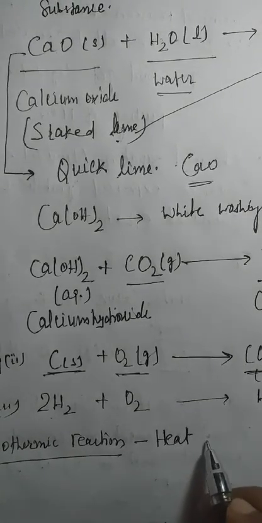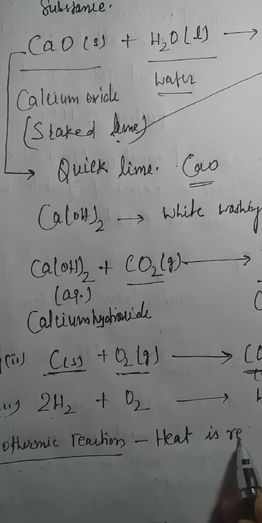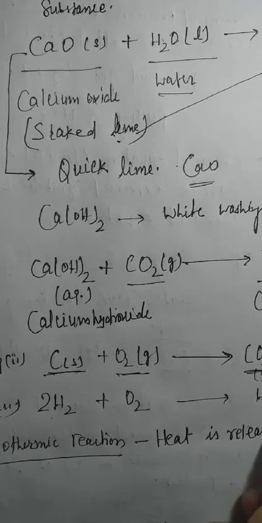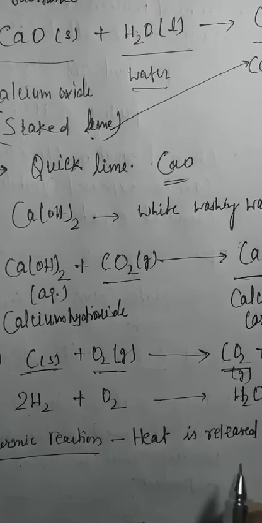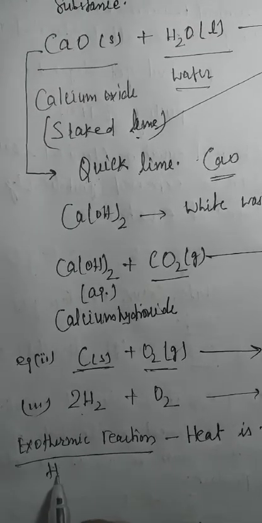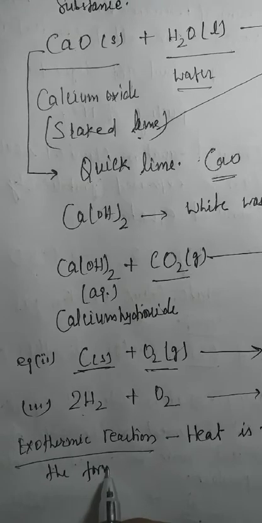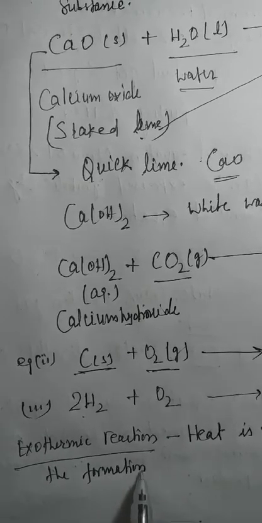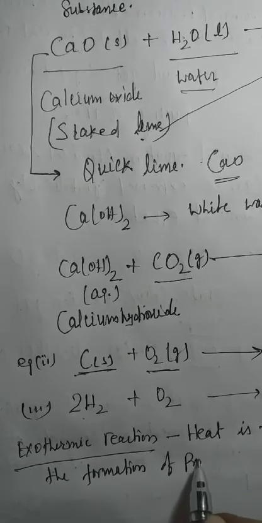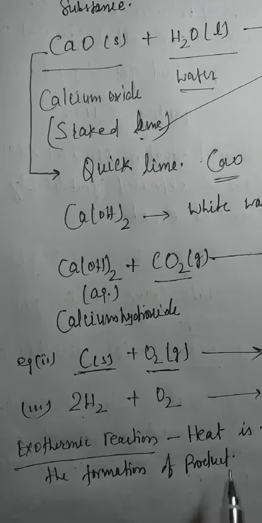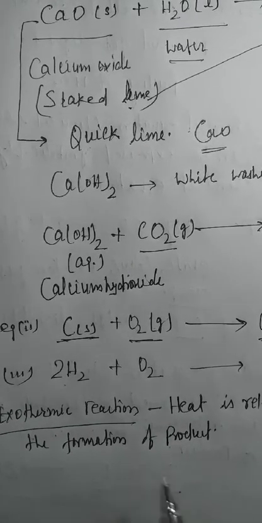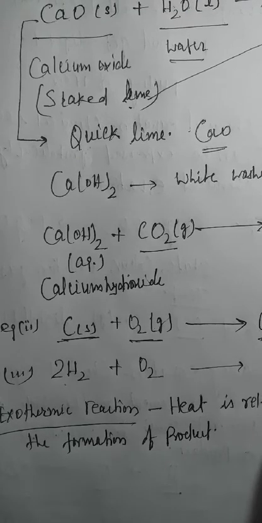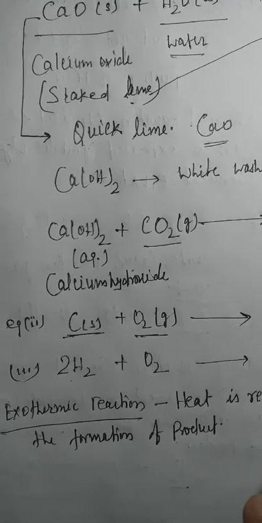Heat is released with the formation of product. It is called an exothermic reaction whenever we get product along with the heat of reaction.